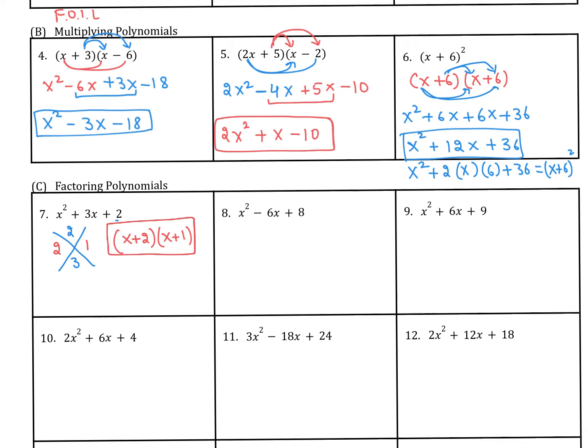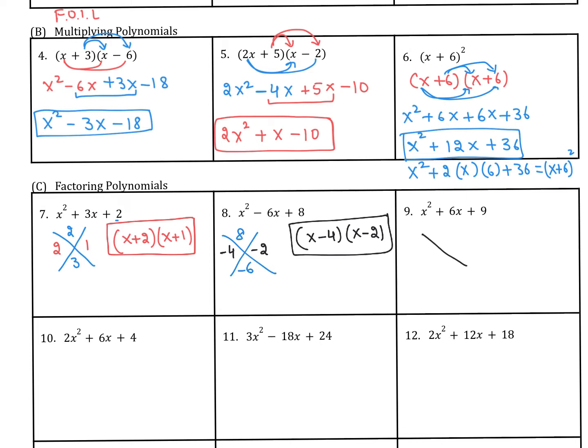Same thing for number 8. You're going to make a cross. On the top is 8, bottom is negative 6. Two numbers you're going to have here are negative 4 and negative 2. Factors are x minus 4, x minus 2. You stop here because you're not solving for x.